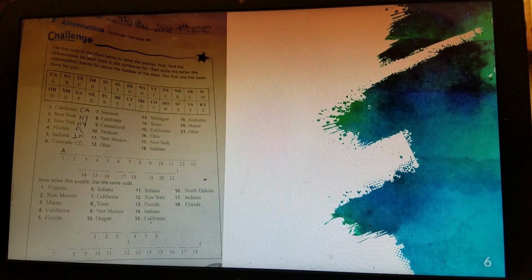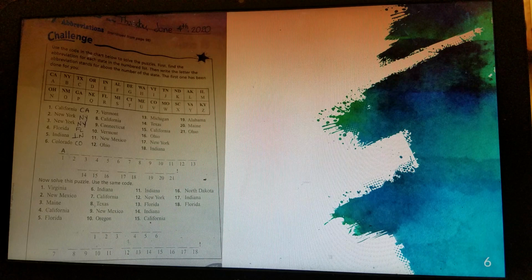On page 99 are the states. So you have the box with the letters that stand for each state. We have the box number 1, CA, that stands for California. Then we have the second box, the letter B, that stands for NY, New York. Then we have the letter C that says TX, that is Texas.